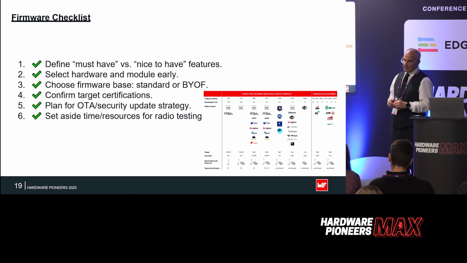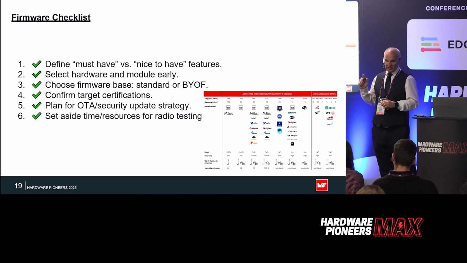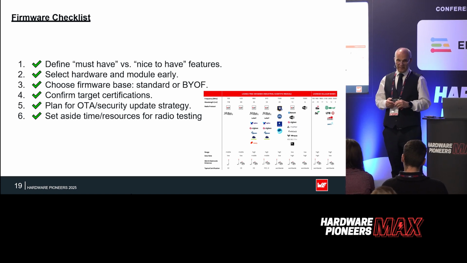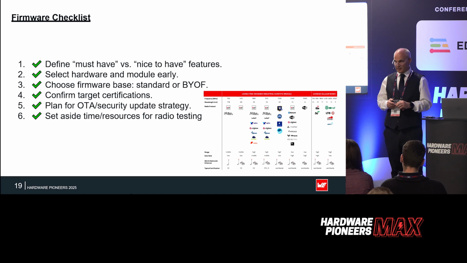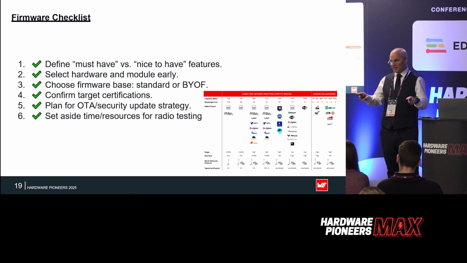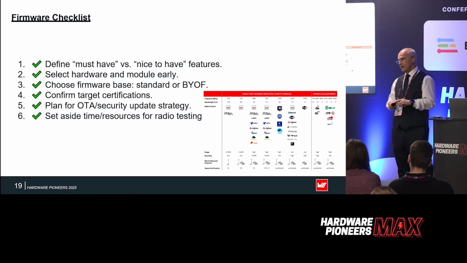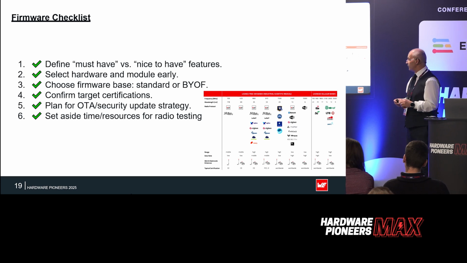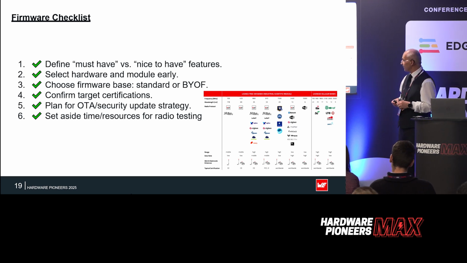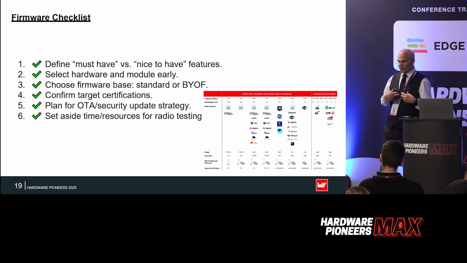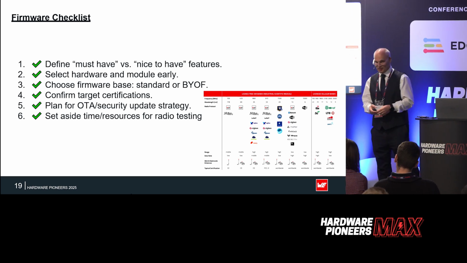Then decide, really, can I get away with this standard stock firmware? If you can, it's probably the quickest way to market and the lowest amount of headaches. But ultimately, if you can't do that and you have to build your own firmware or bring your own firmware, be assured that we're here to help as much as we can.